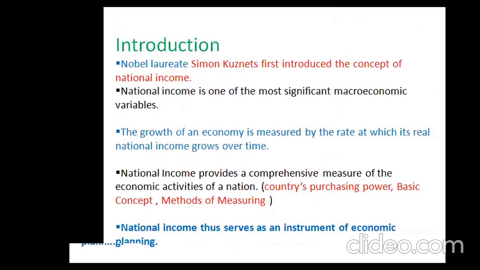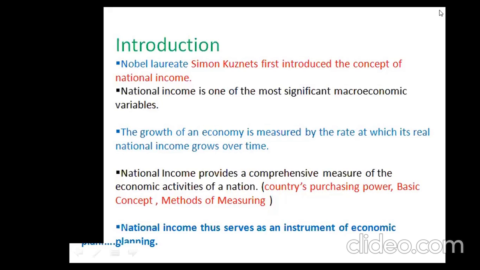Introduction. Nobel laureate Simon Kuznets first introduced the concept of national income. National income is one of the most significant macroeconomic variables. This was already discussed in the first lesson.